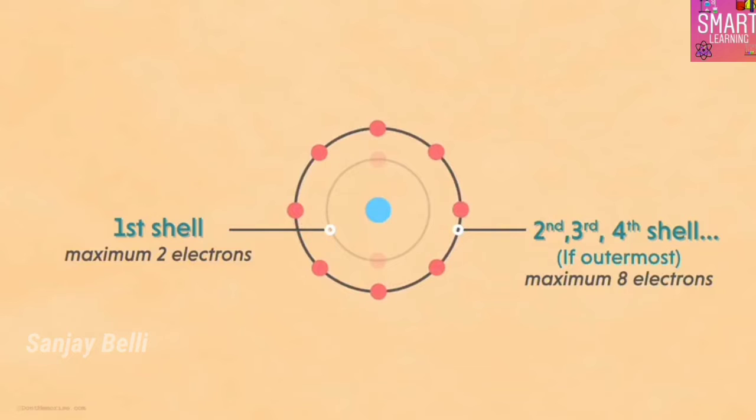In simple words, the outermost orbital contains 8 electrons at maximum. This state is called the octet state. The term originated from the Greek word octa, which means 8. The octet state is considered to be a stable state.